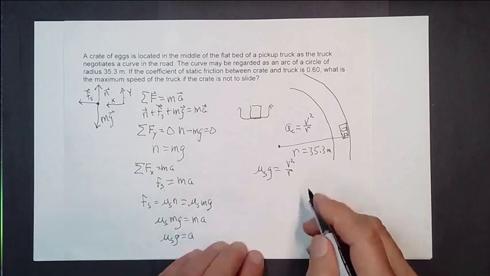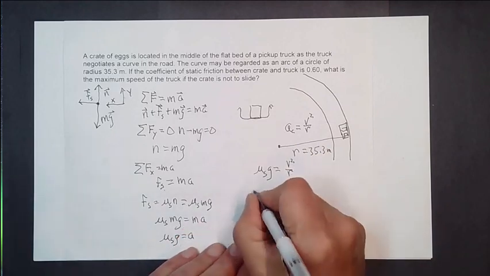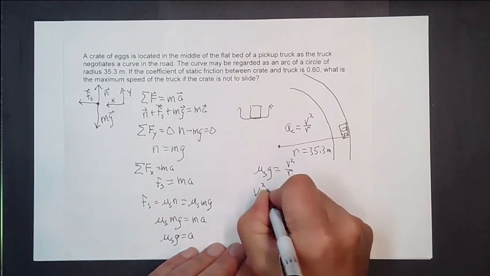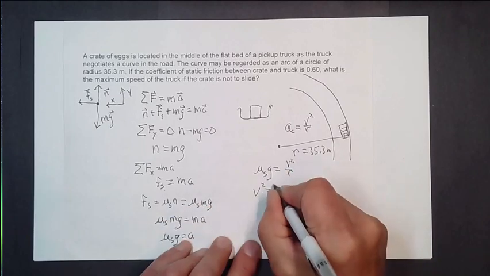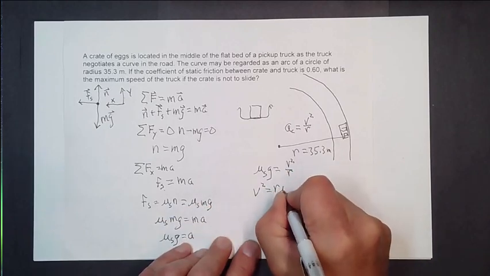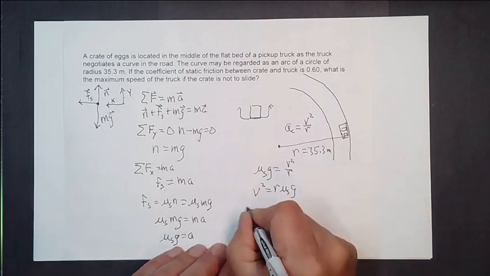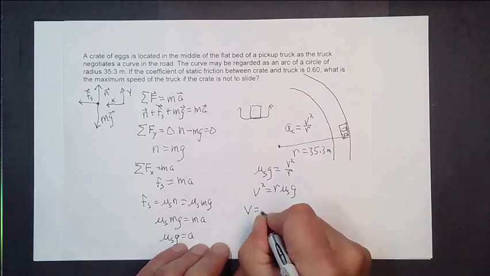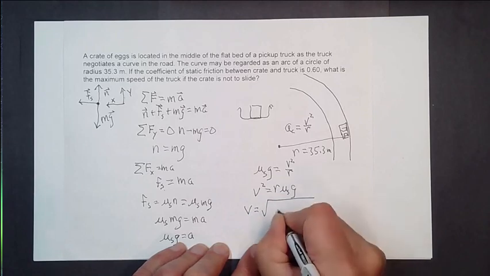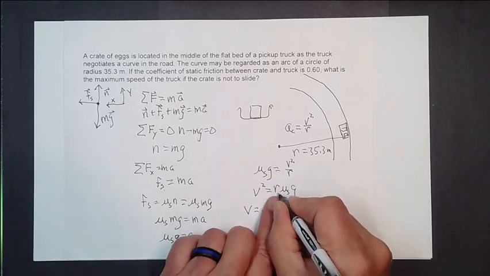And then v squared, solving for that, I'll get multiply out from underneath by r, mu sub s g, or v will equal the square root of, let's just plug in the numbers now.